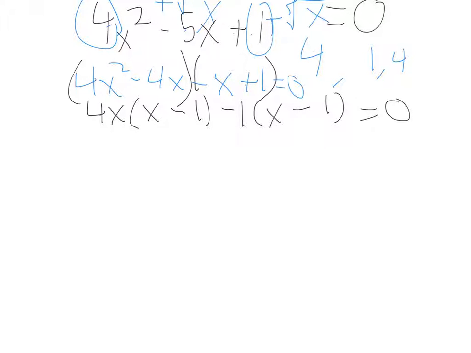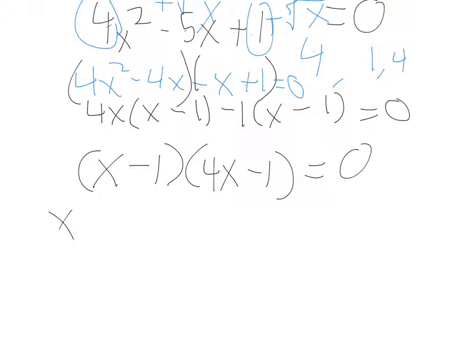Now, if you notice, they both have an x minus 1 in common, so if you factor that out, you're left with 4x minus 1 equals 0. That means x minus 1 is equal to 0, and 4x minus 1 is equal to 0.